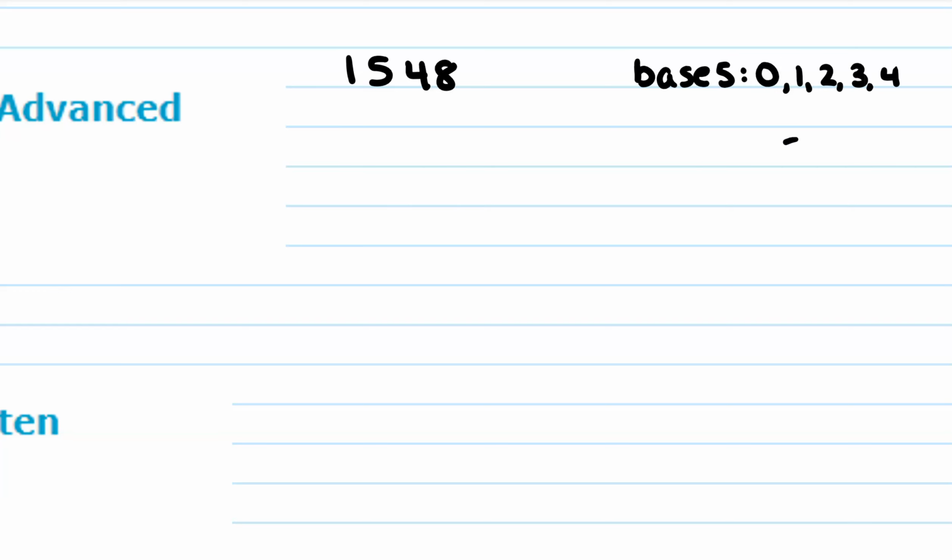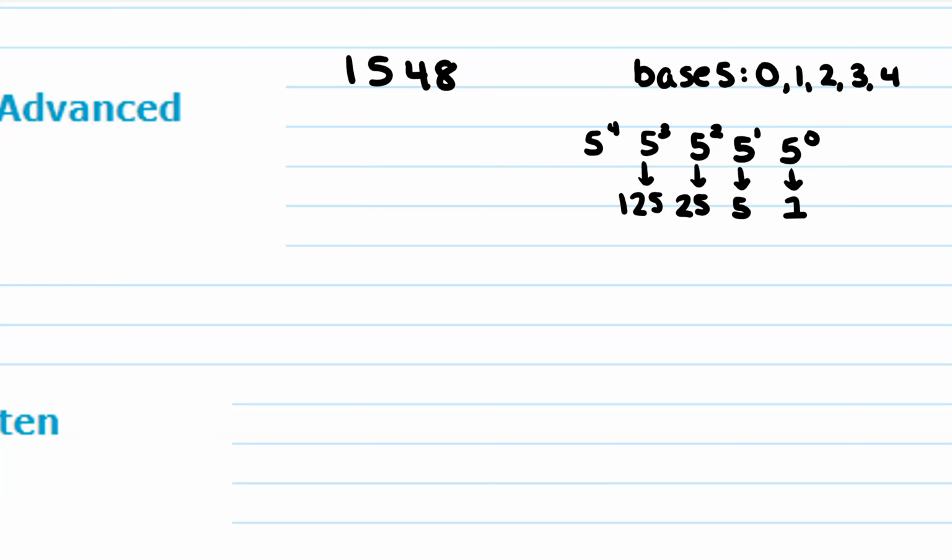And the place values from the right to the left: 5 to the 0, which is 1. Anything to the 0 is 1. And then 5 to the first is 5. 5 squared is 25. 5 cubed is 125. 5 to the fourth is 625.